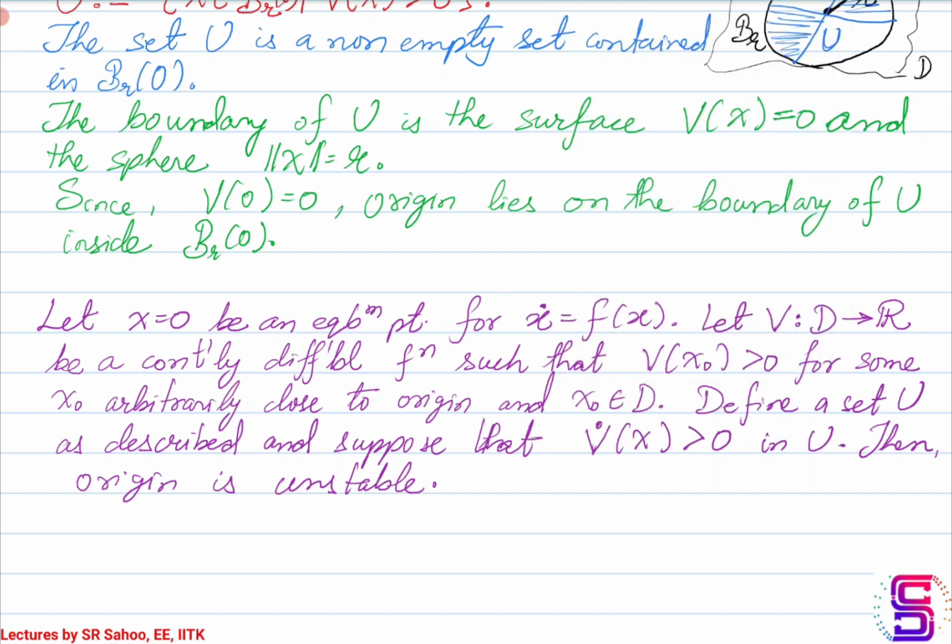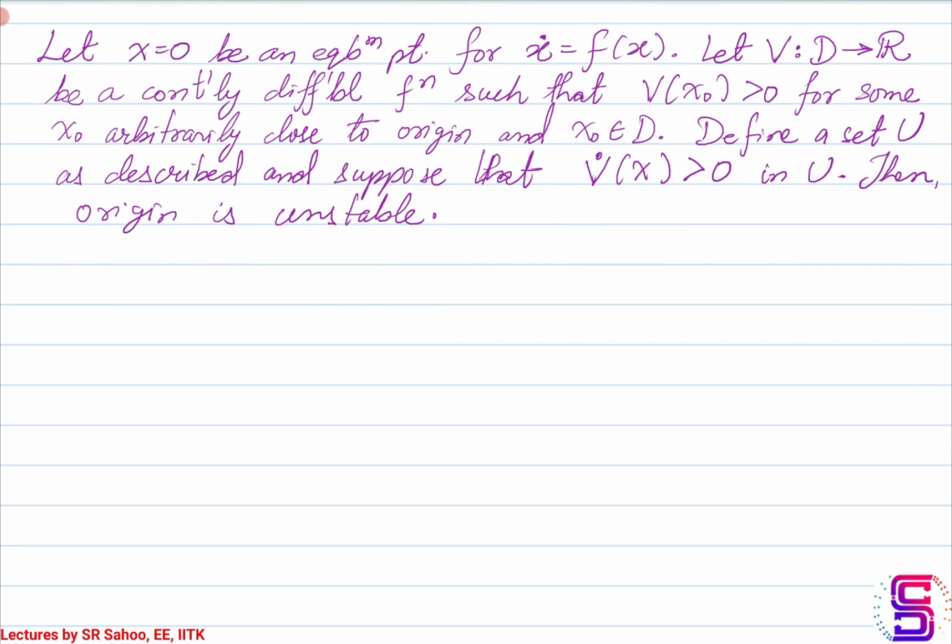Now, what you should note here is we are not saying the function V has to be positive definite. It just has to satisfy those properties that we had. So notice that there is no positive definite condition on the function V itself.